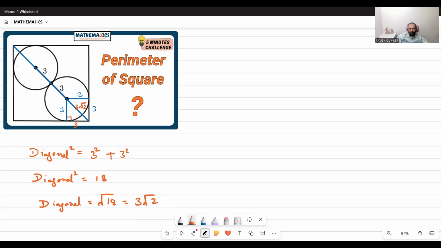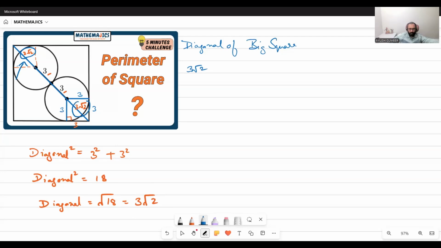Now, if this diagonal is 3 root 2, definitely this diagonal is also 3 root 2. Correct? After this, we have 3 and 3 also here. Now we can find the diagonal of the big square. This part will be 3 root 2, this one, correct?